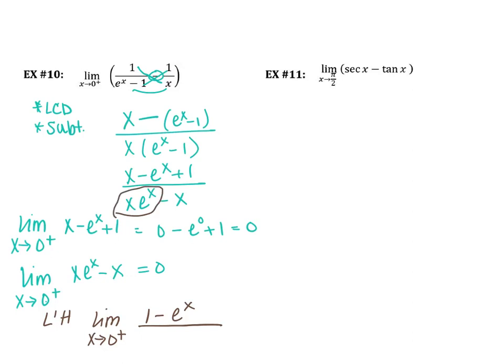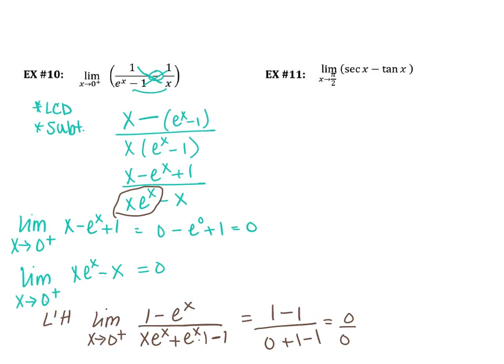So we're going to have first times derivative of the second plus second times derivative of the first, which is going to be 1. And then we have minus x, so that's going to be minus 1. So let's see what we get when we substitute in that old 0. We're going to end up with 1 minus 1 over, let's see, 0 plus 1 minus 1. Oh no, we've ended up with 0 over 0 again.